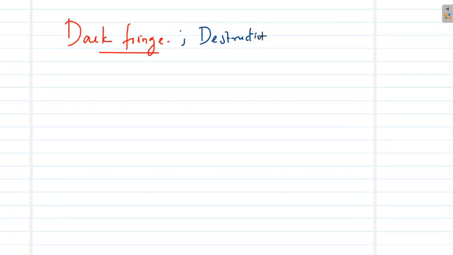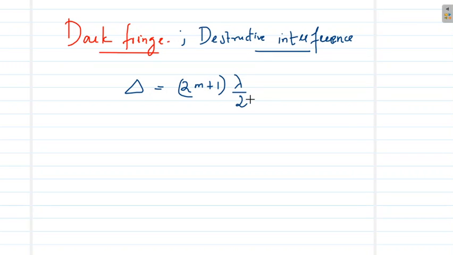So let us look at the positions of dark fringes in the case of Young's double slit experiment. We know a dark fringe happens when we have destructive interference. What is the condition for destructive interference? Destructive interference happens when the path difference delta is equal to (2m plus 1) into lambda by 2. We have derived the expression for delta to be xd by D. If that is equal to (2m plus 1) lambda by 2, then we have destructive interference, or a dark fringe.